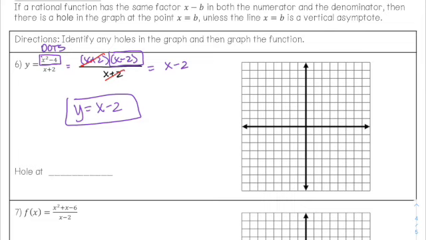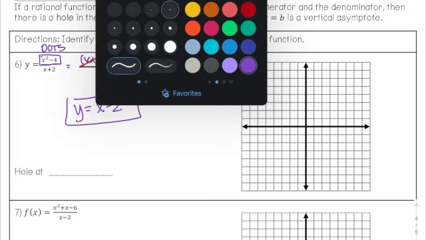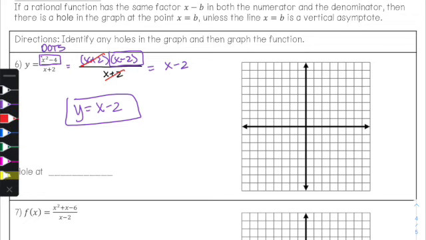So if I have a hole at x plus 2 equals 0, if you solve that, you get x equals negative 2. So wherever x is negative 2, I'm going to go ahead and put that on my graph.